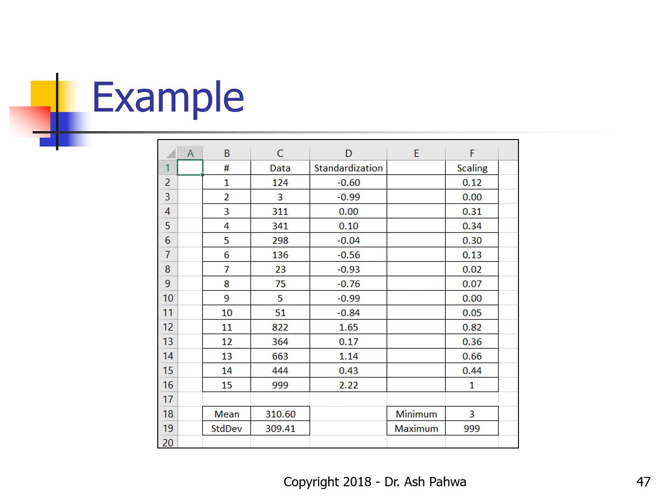This way all of my values can be scaled. My minimum value, 3, becomes 0, and my maximum value, 999, becomes 1. All the numbers are in between 0 and 1. This is the way I can scale the data from 0 to 1.